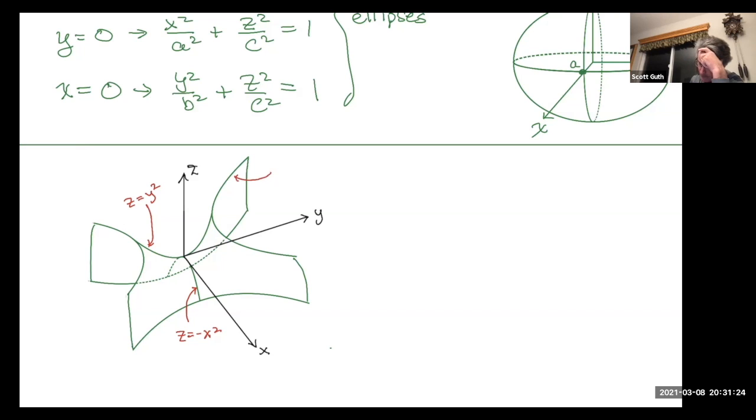Oh, by the way, again, this is a hyperbolic paraboloid. Okay, the equation is z equals y squared minus x squared.